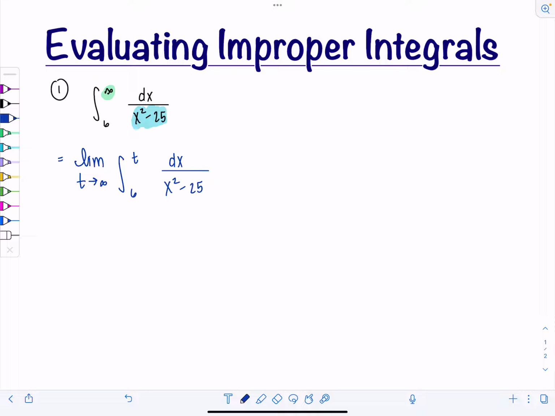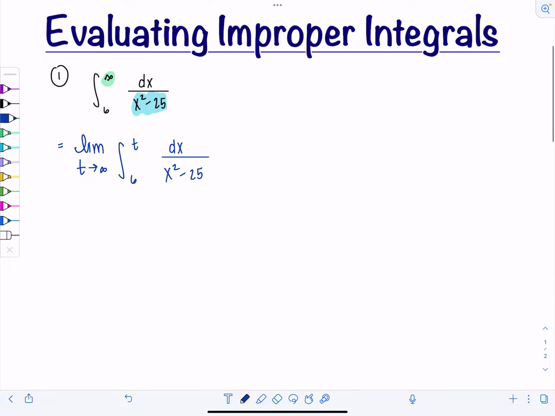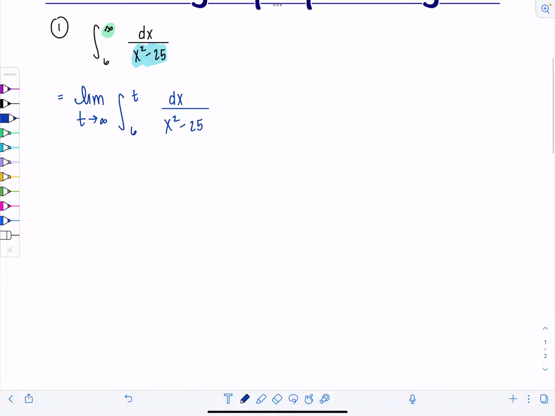Okay, so now we can see the function that we're integrating is 1 over x squared minus 25. That is a perfect circumstance to use our partial fraction decomposition because we're integrating a rational function. So x squared minus 25, that's a difference of squares.